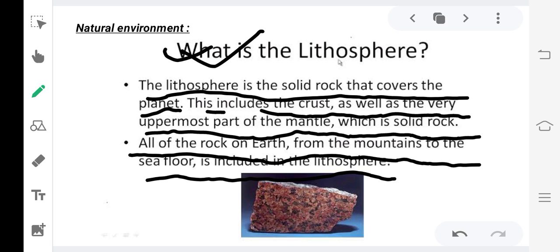If we simplify this, we can say lithosphere is the solid crust or hard top layer of the earth. Note this. It is made up of rocks and minerals and covered by a thin layer of soil.